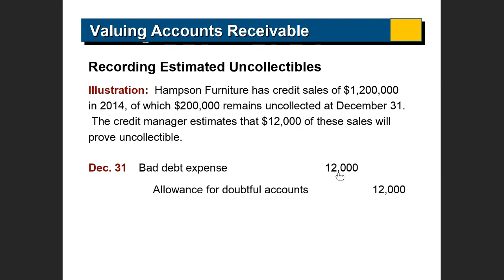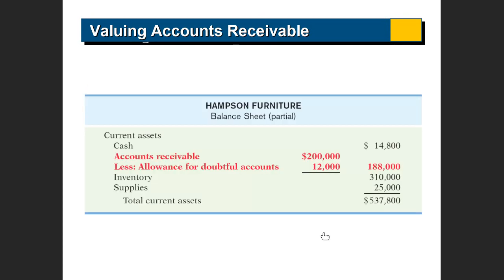So in the allowance method, we debit bad debt expense 12,000 and credit allowance for doubtful accounts 12,000. And we show this on the balance sheet this way: 200,000 minus 12,000 equals 188,000. Are you following? This is just another example of what we did before.